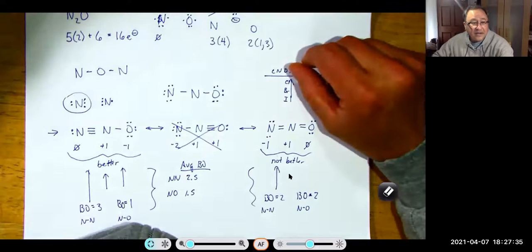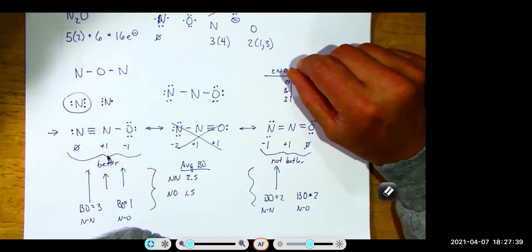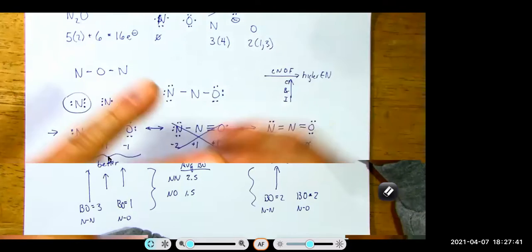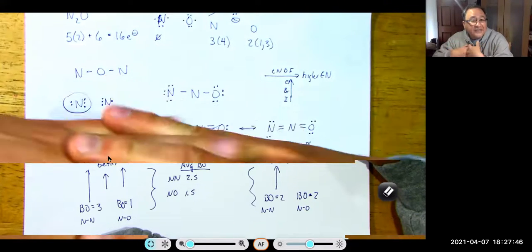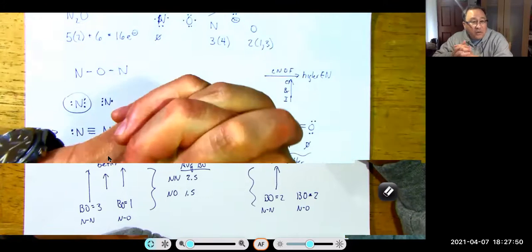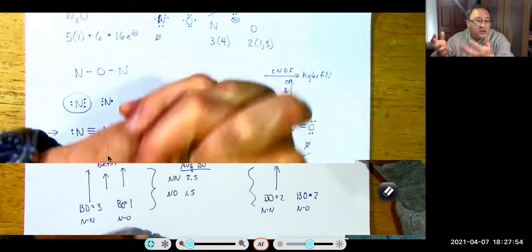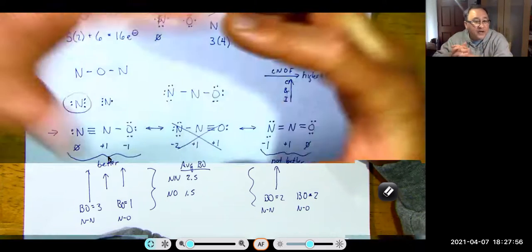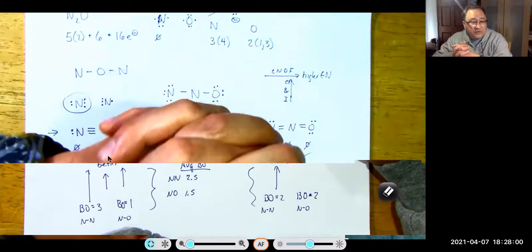Now, let's take a look at the next part of the question, because this is the more interesting stuff. Yeah, that's where I started getting really confused. Okay, given the following bond lengths and the actual bond lengths in N2O, which resonance structure has the greater contribution to the overall structure of the molecule?